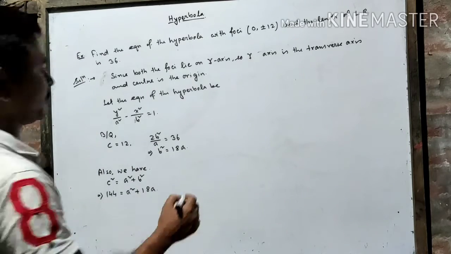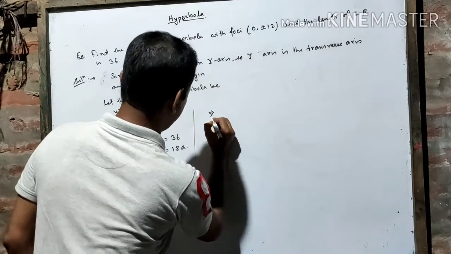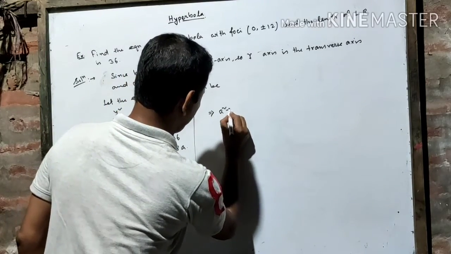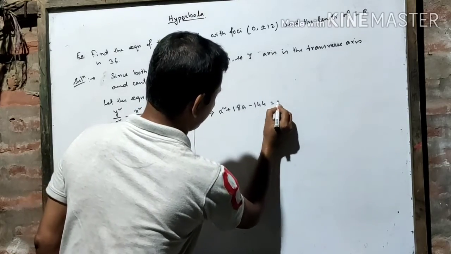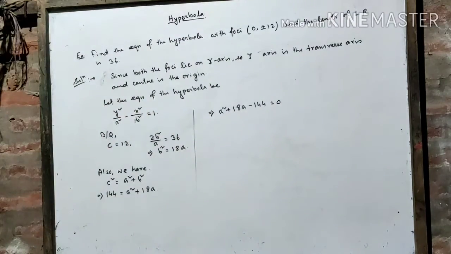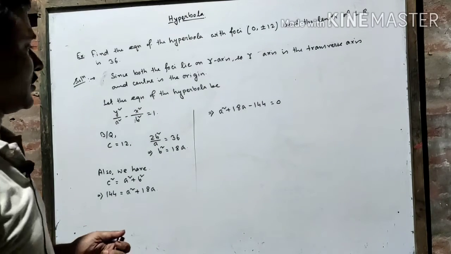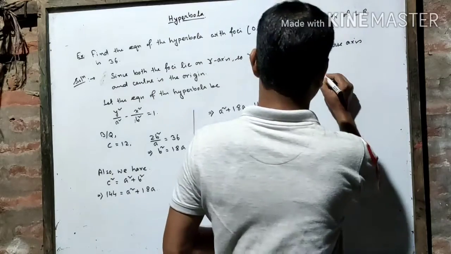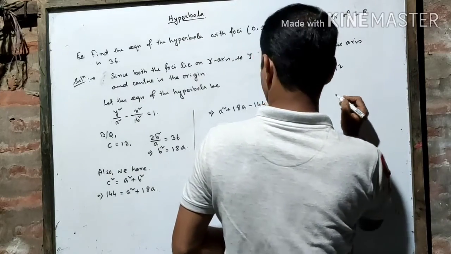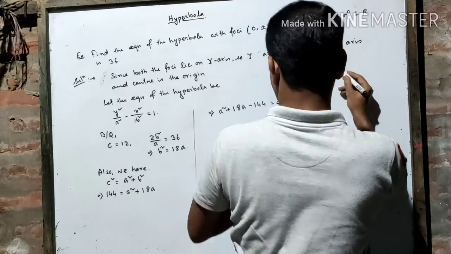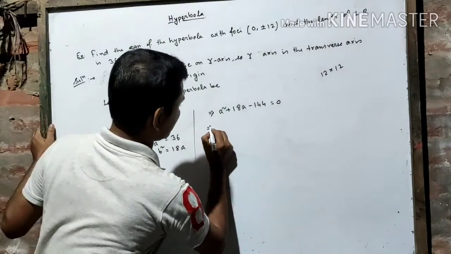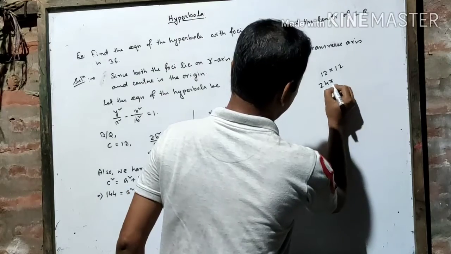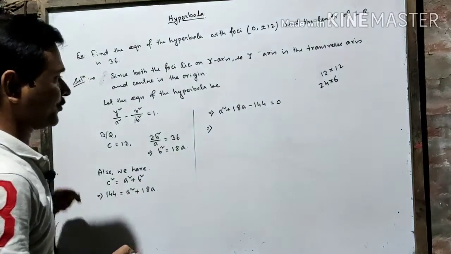So form a quadratic equation. This implies a square plus 18a minus 144 is equal to 0. So factorize it. 24 and minus 6. 24 into 6 is 144.